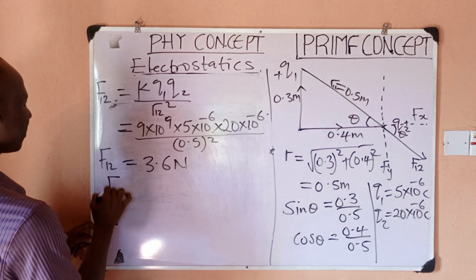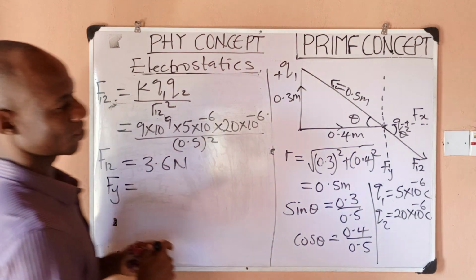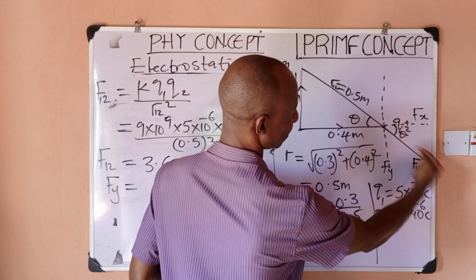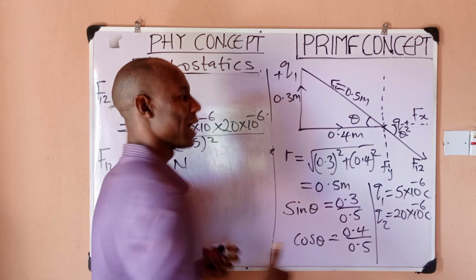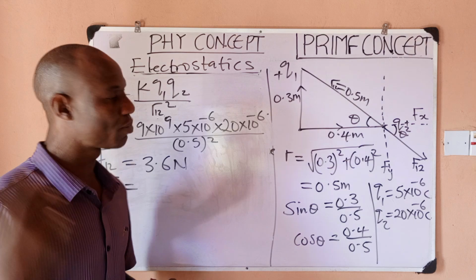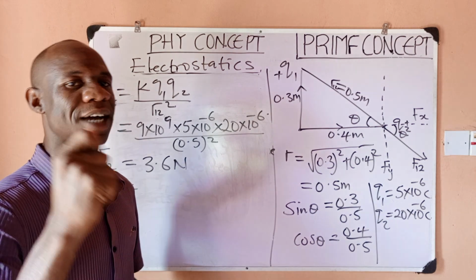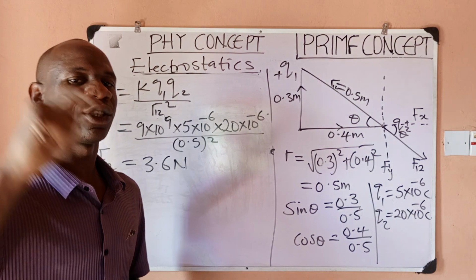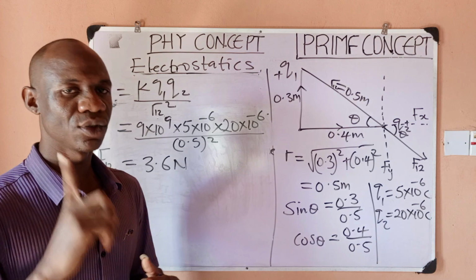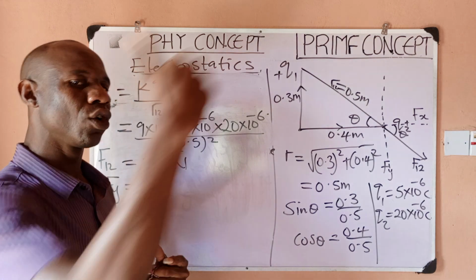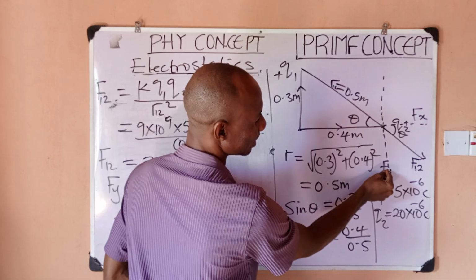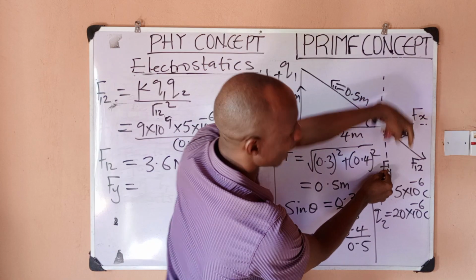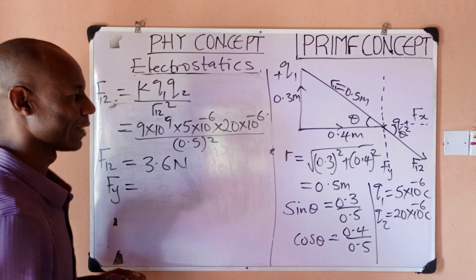Now, what is my Fy component going to be? Fy simply means you are resolving this force, you are bringing it to this place. I said in my previous videos that whenever you are resolving a force and you are opening the angle, you use sine. When you are closing an angle, you use cos. So if I'm resolving this to this place, you notice I'm opening this angle, so I'll be using sine.